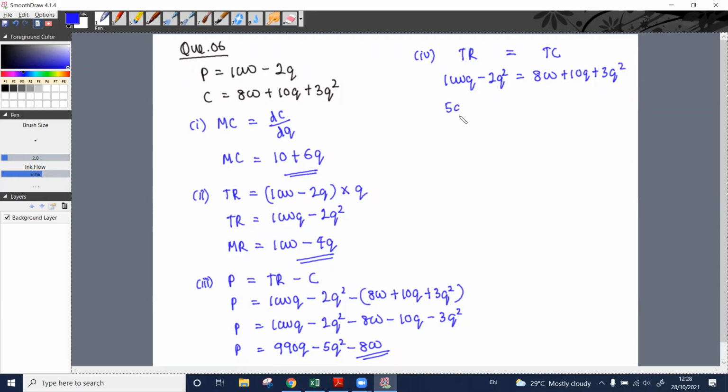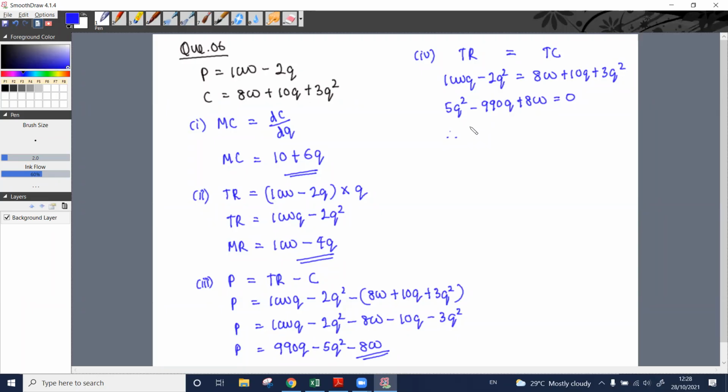So it becomes 5Q squared minus 990Q plus 800 equals 0.